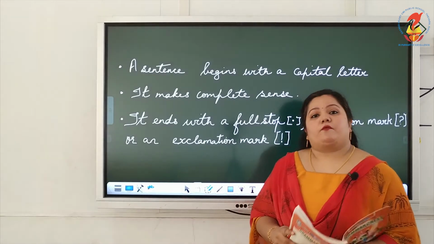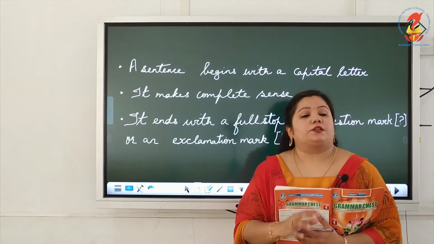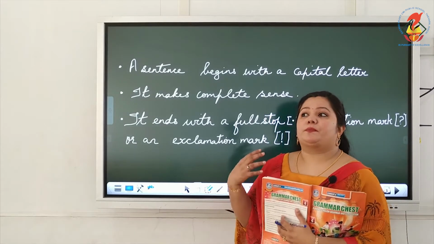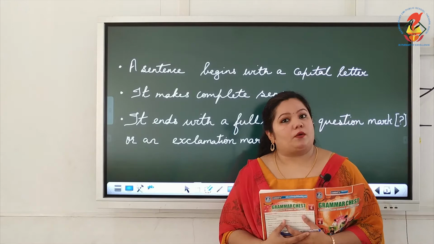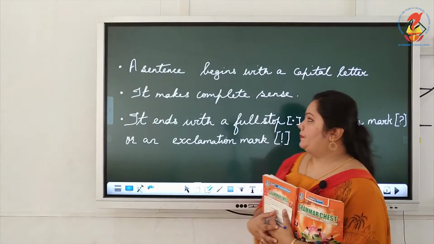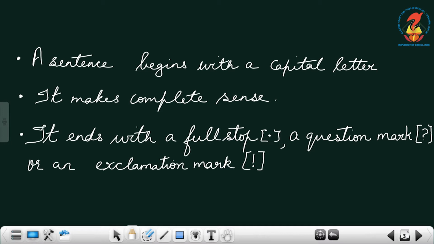Okay. Now, for us to say that a certain group of words can be called a sentence, there are certain prerequisites. We already learned this in the smaller classes, so we'll just look at it once again. A sentence will always begin with a capital letter, and it has to make complete sense.